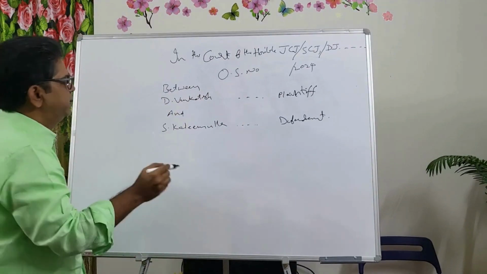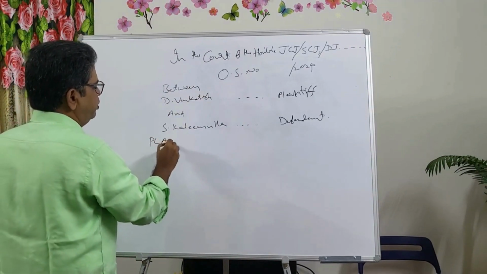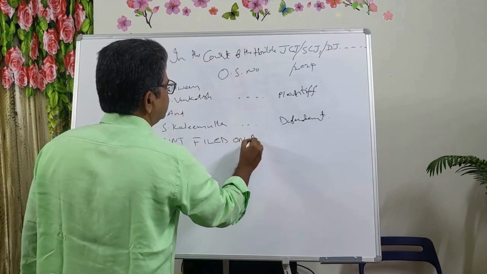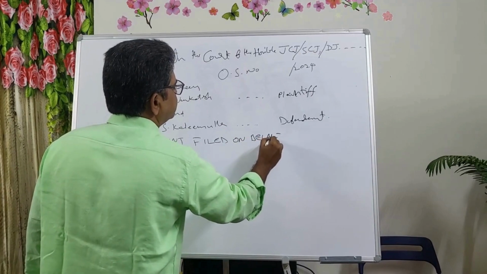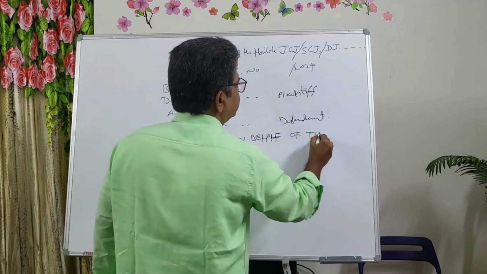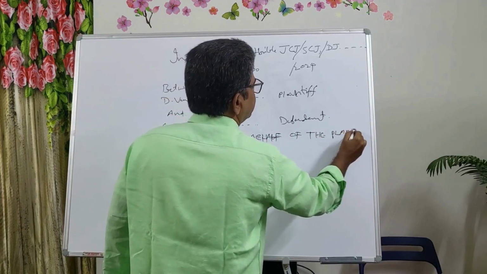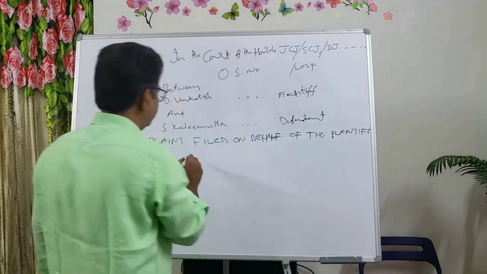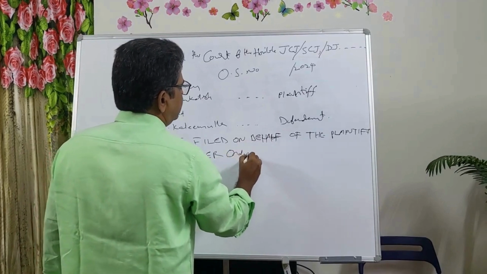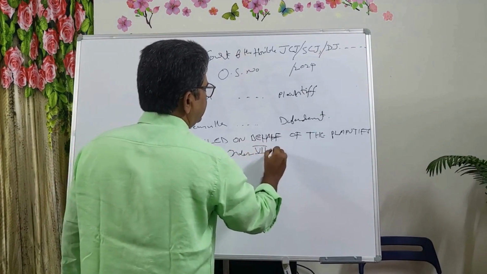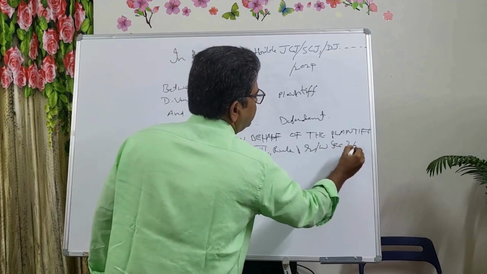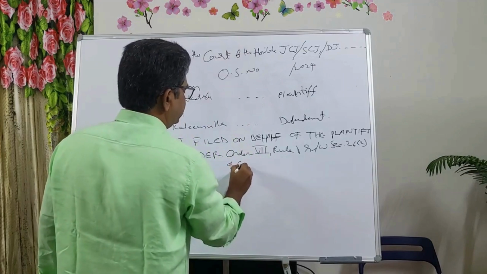Next is the subheading: plaint filed on behalf of the plaintiff under Order 7, Rule 1, read with Section 26, Subsection 2 of CPC.